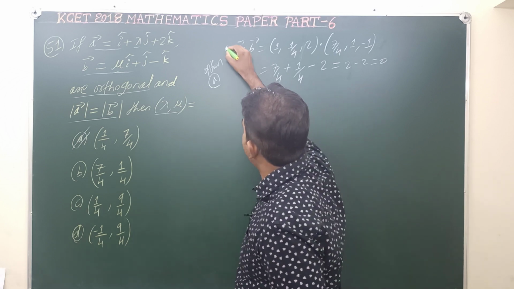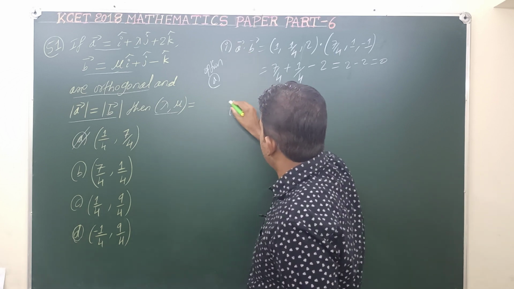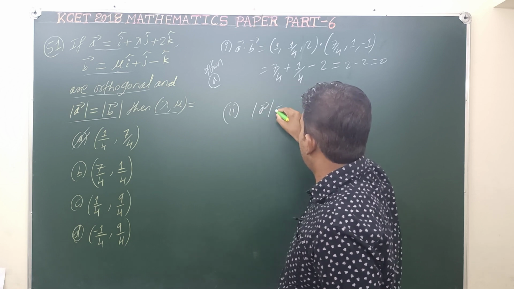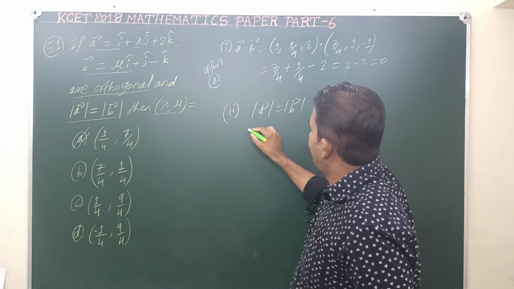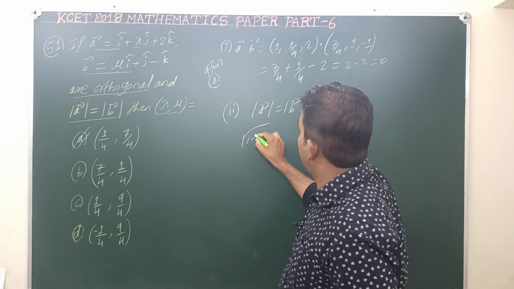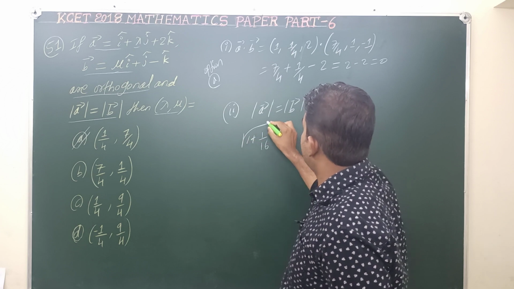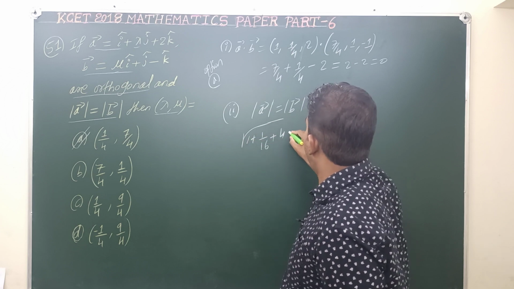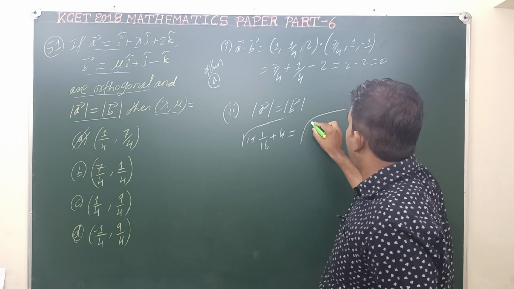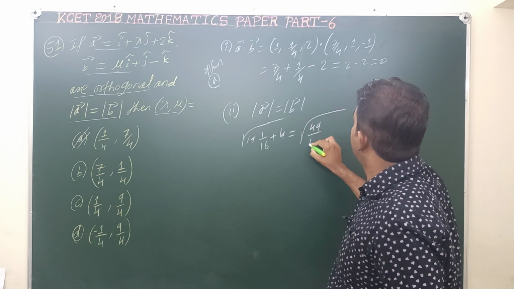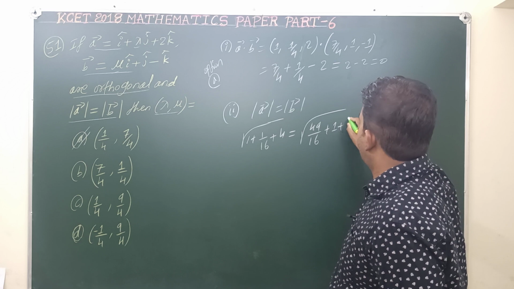Second condition, the magnitudes are equal. So the magnitude of A equals the magnitude of B. Magnitude means what? 1 square, 1 by 4 square, 1 by 16, plus 2 square 4, is equal to the square root of 49 divided by 16 plus 1 plus 1.